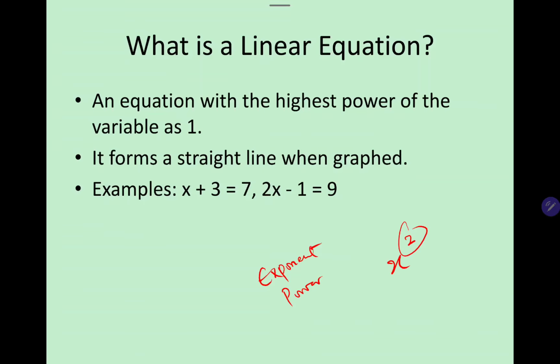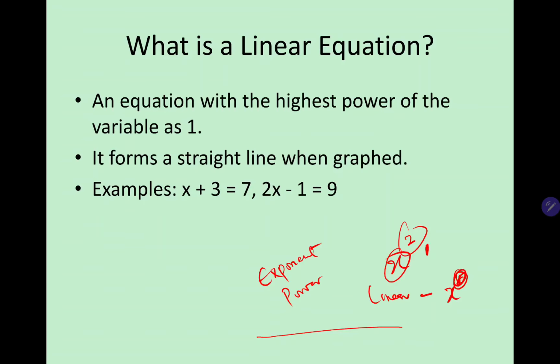So for linear equations, the highest power of the variable x can only be 1. And when x is raised to power 1, we don't need to write the 1. And when plotted on a graph, a linear equation forms a straight line.